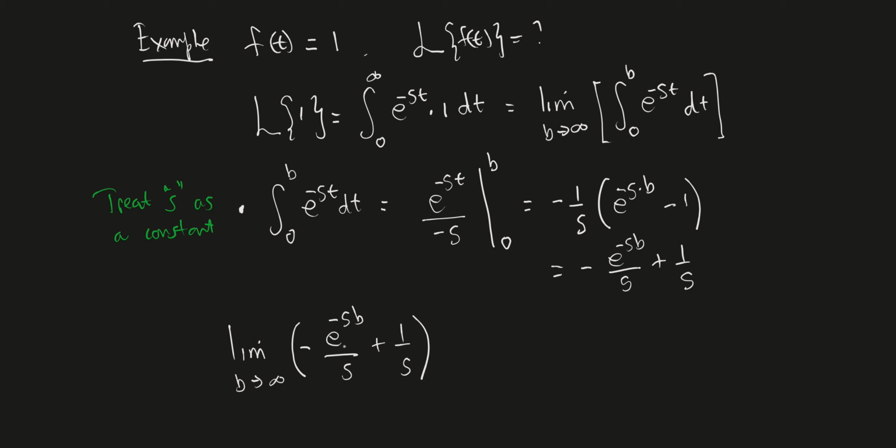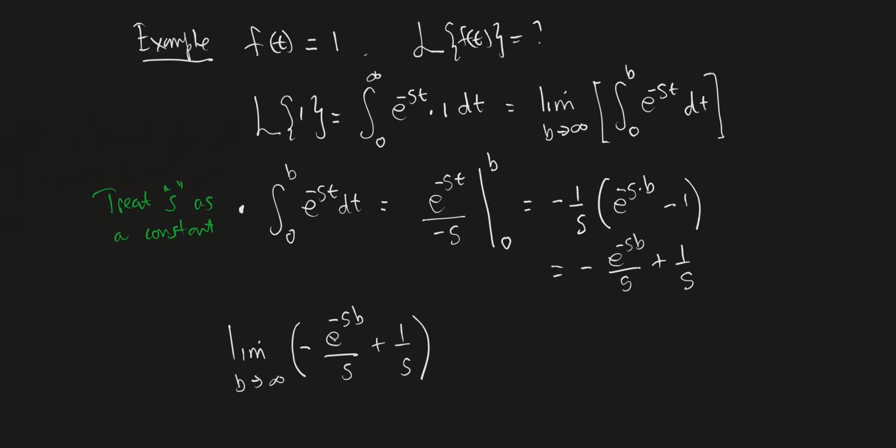As far as the exponential function is concerned, these basic exponential functions do one of 2 things as b goes to infinity. Either they go to infinity or they go to 0. For them to go to infinity, the exponent has to come out positive.